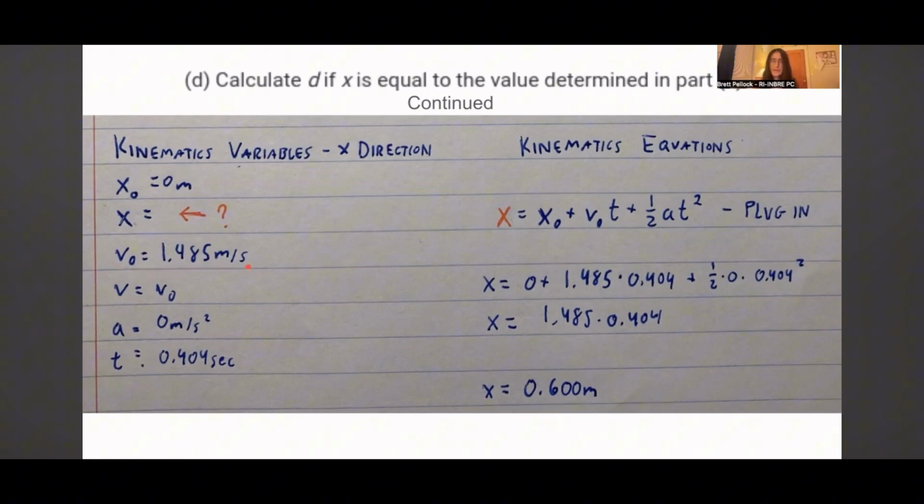In addition, as already stated in previous parts, because this is moving in the horizontal direction, it's not going to feel the acceleration due to gravity. That's only in the y direction. In addition, the frictional forces are still non-existent, so those aren't going to change its velocity. So a is equal to 0, and since nothing is going to change this velocity, the initial velocity will equal the final velocity.